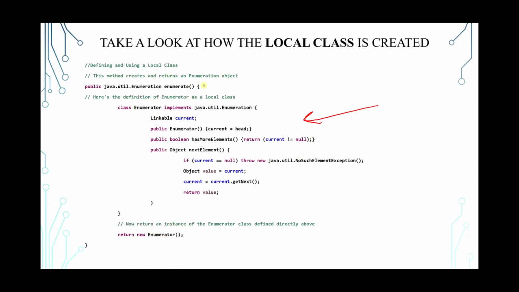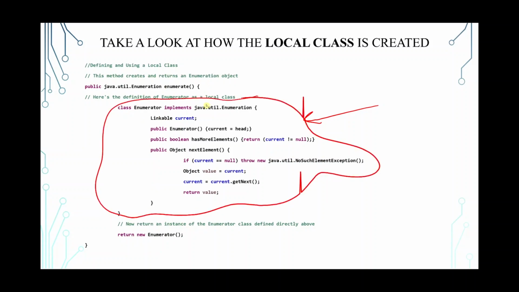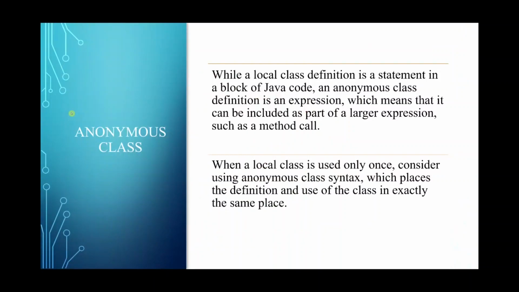You have a local class, you define it when you need it. When you call this function, only when you call this function, this class is going to be created, and then you can create an object out of it and return it as the return type of this method.